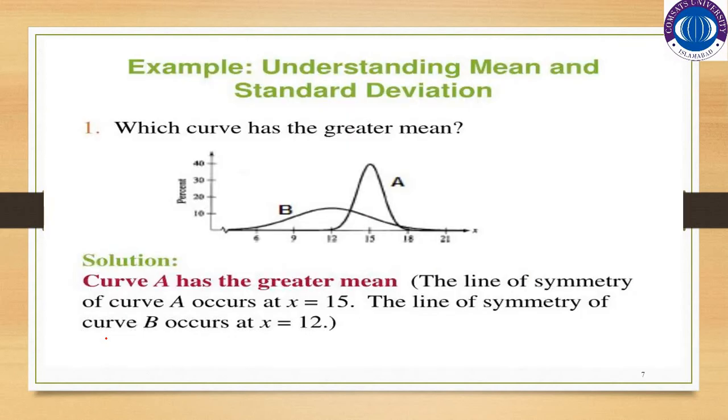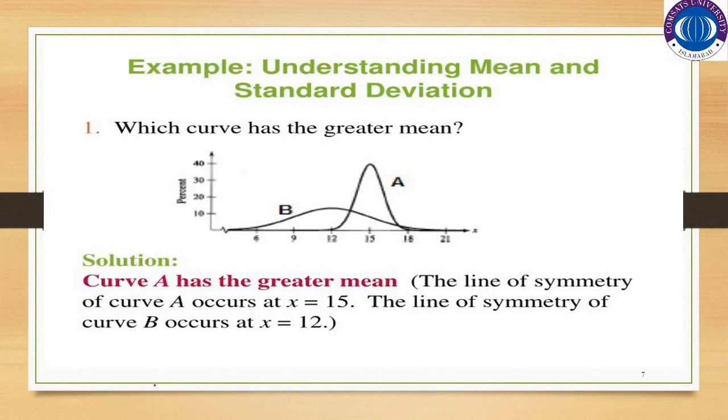This is an example for understanding the concept of mean and standard deviation in the normal distribution. As we know, the normal distribution has two parameters, mean and standard deviation, or you can say mean and variance.